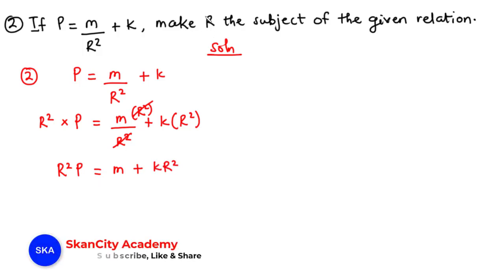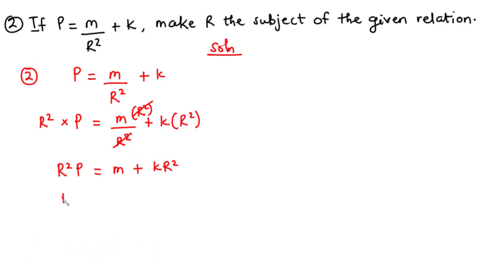Now we want to make r the subject. So we group terms containing r on one side. We transpose k r squared to the left hand side, so that we have r squared p minus k r squared equals m. So we pull out r squared. Inside the bracket you have p minus k equals m.